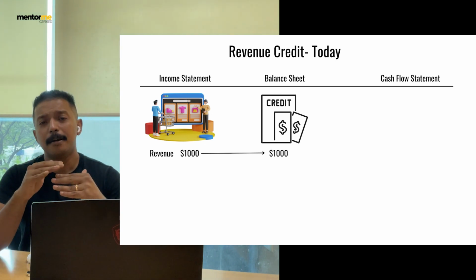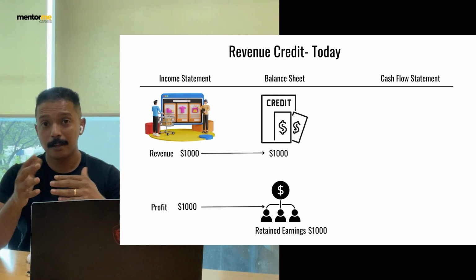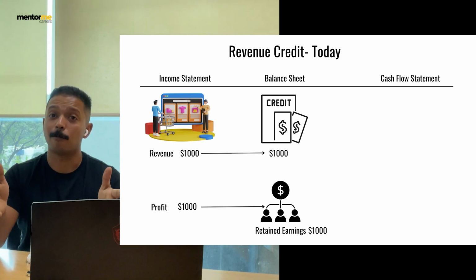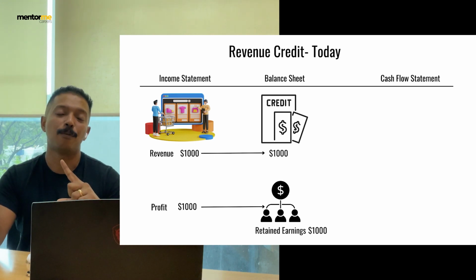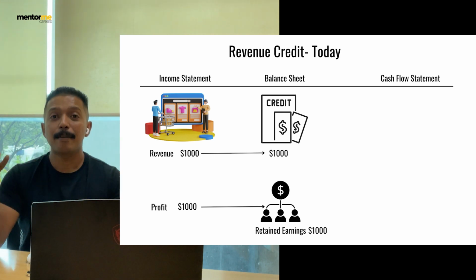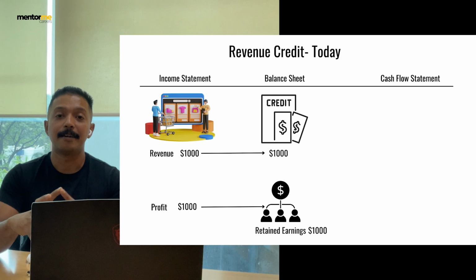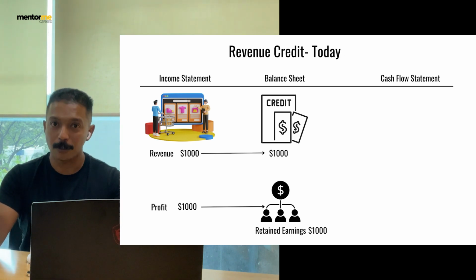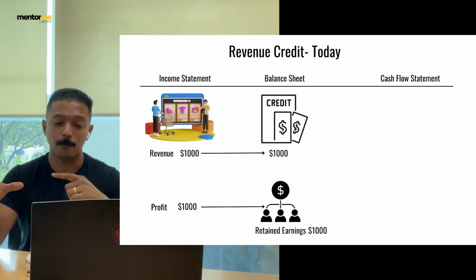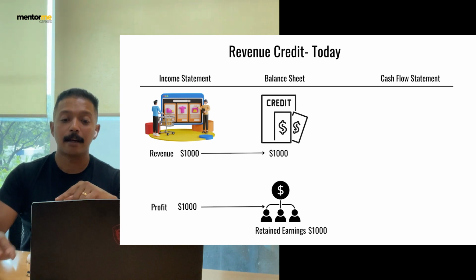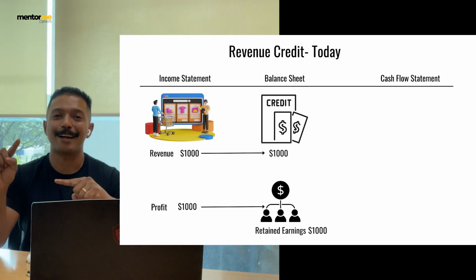Now, in terms of the income statement, still there are no expenses, so the profit is still $1,000, and that profit belongs to the shareholders, right? So in the balance sheet now, the retained earnings appear to be $1,000, and on the asset side, there's no cash, but there are accounts receivable of $1,000. And the same effect goes into your cash flow statement.